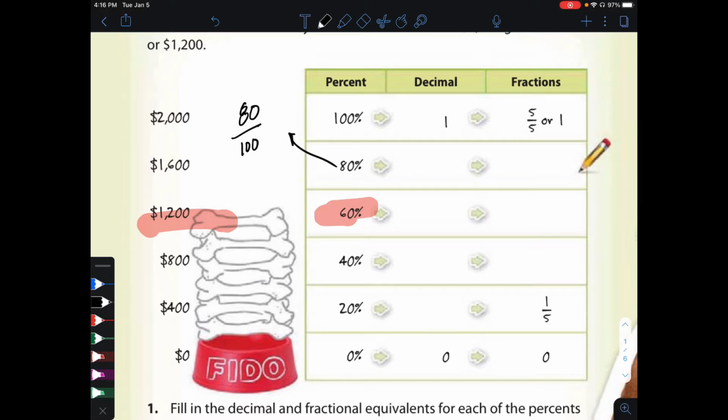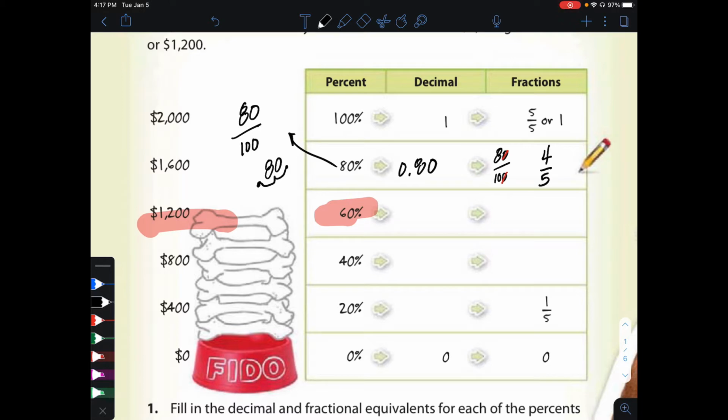And if you convert that into a decimal, another way of doing that is you get your 80 and you simply move your decimal 2 spaces to the left, which will give you 0.80. As a fraction, we started with 80 over 100. If we get the simplest form of 80 over 100, we can break this down as 8 over 10. In simplest form, this is actually 4 over 5.